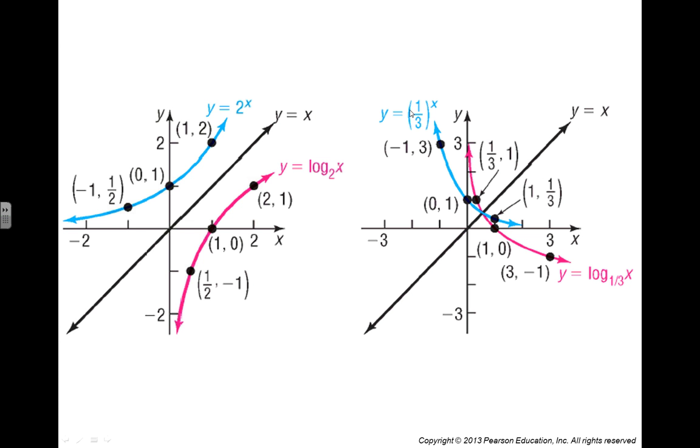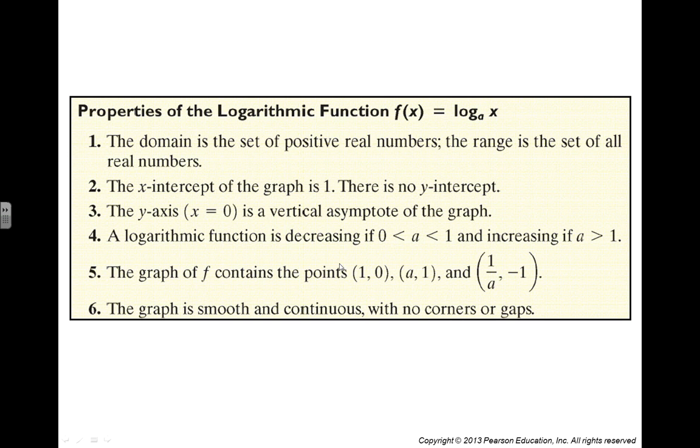Same with y equals 1/3 to the x. Log base 1/3 of x is its inverse. So just make note, you can create a log function by making a table out of y equals 1/3 to the x, and then switching the x and the y, and then you can get the coordinates for the inverse.